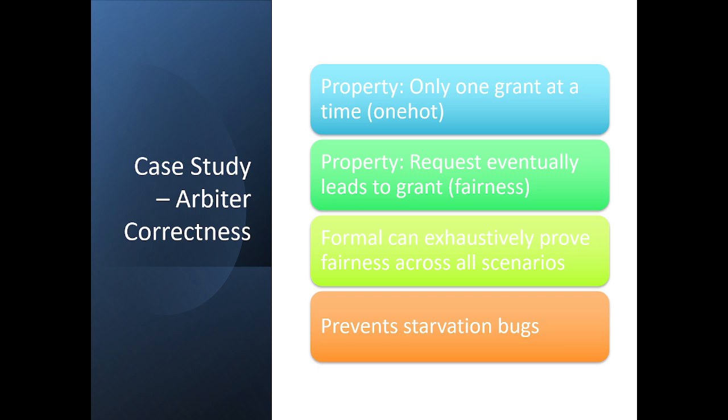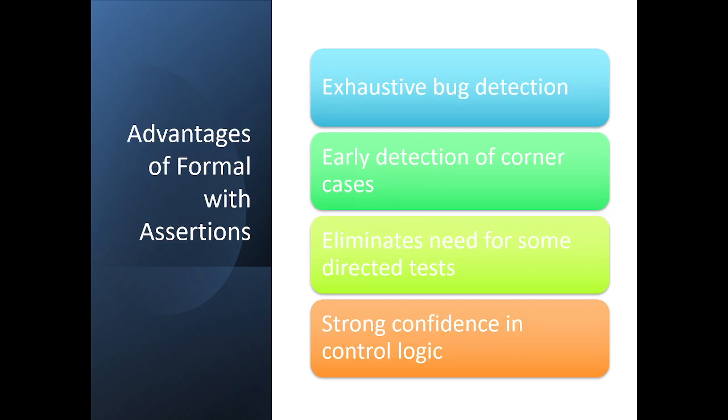In case study 2, arbiter correctness, common properties include at most one grant active at a time, no starvation, every requester is eventually granted, and fairness, requests are handled in the right order. Formal guarantees fairness across all possible request sequences.